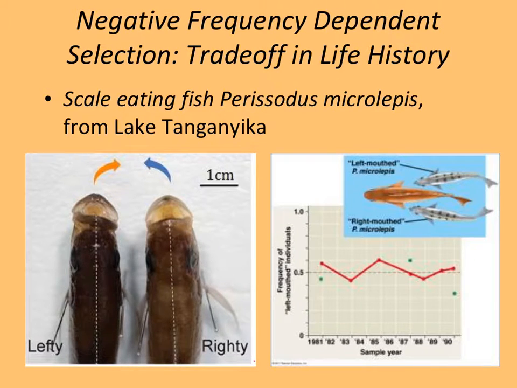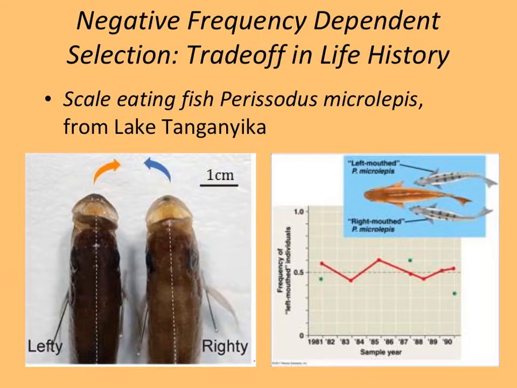So with positive frequency dependent, let's say there's individuals who have a hair length of, let's say, 6 inches, but individuals with longer hair have a selective advantage, and they're going to leave more offspring, and the next generation is going to be 8 inches and 10 inches and all that.